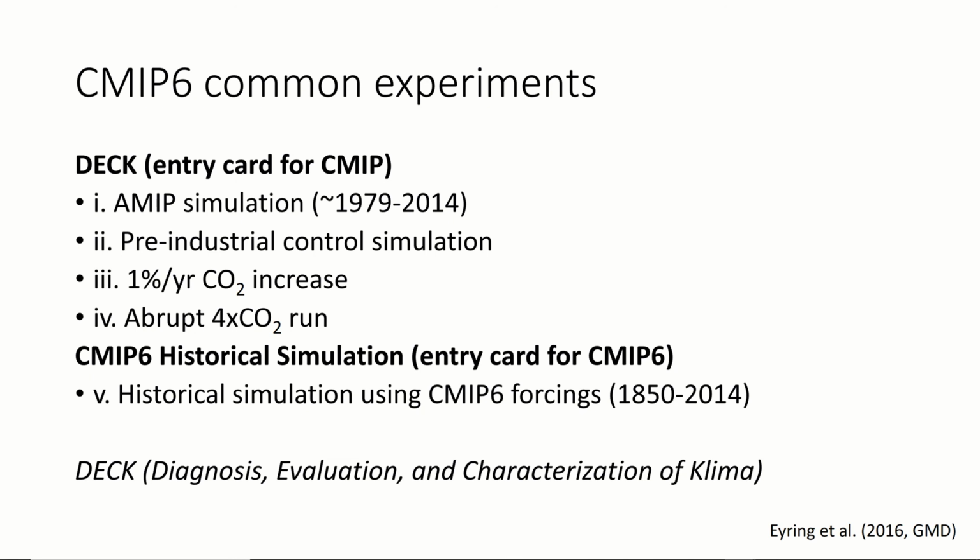That is the one that would generally be used for application in environmental management and engineering purposes, because this is a historical simulation, not a control or some simulation that doesn't have the historical forcing.